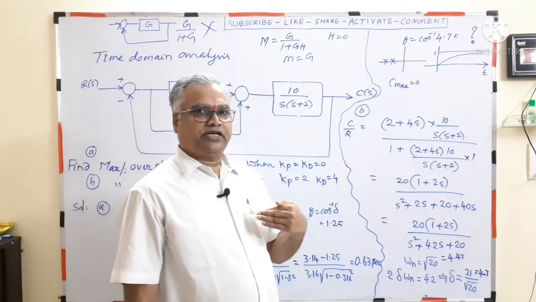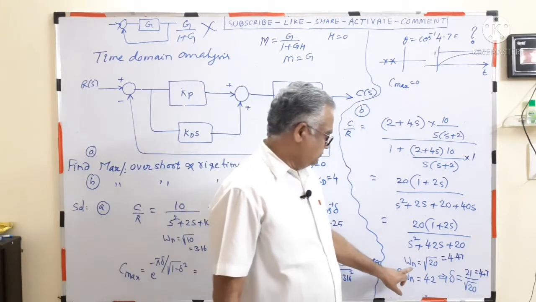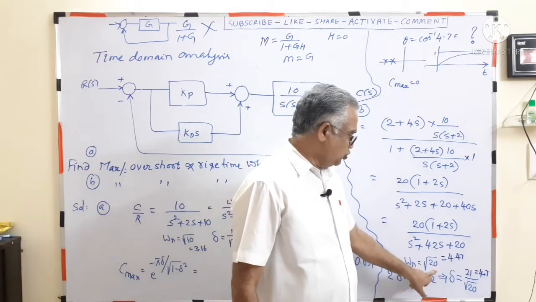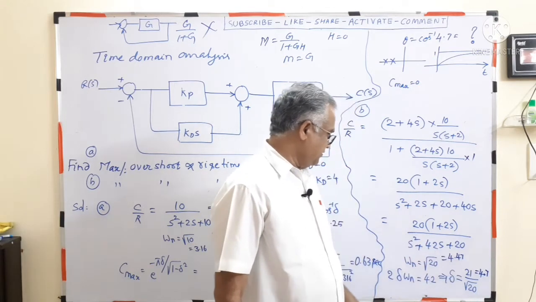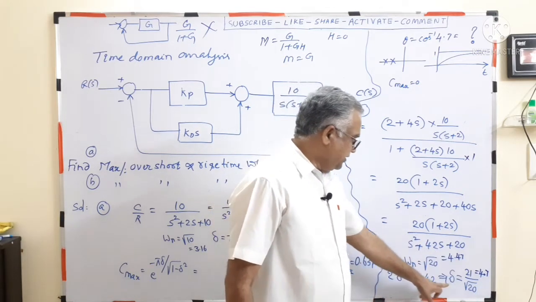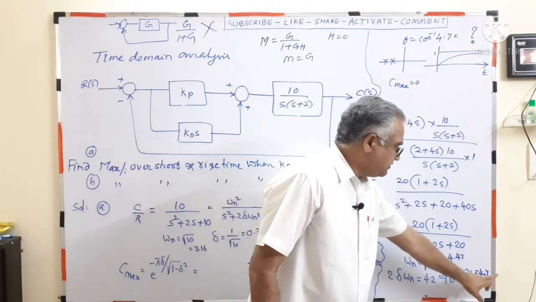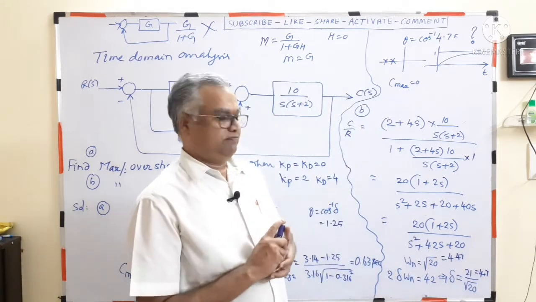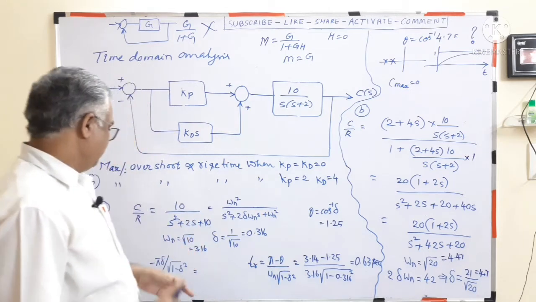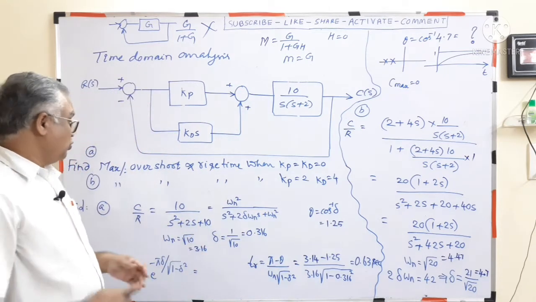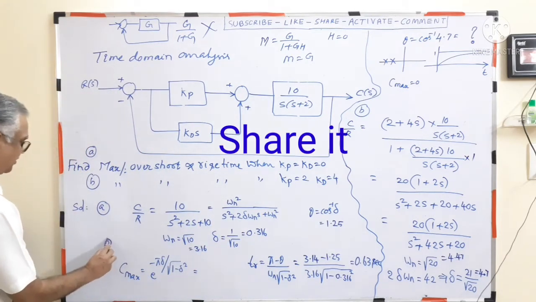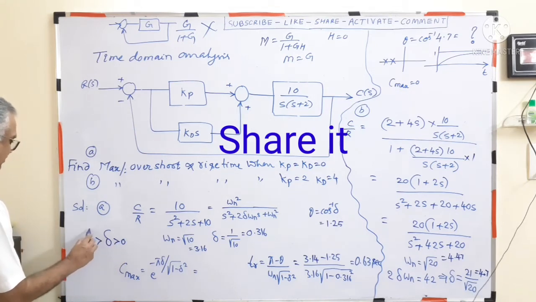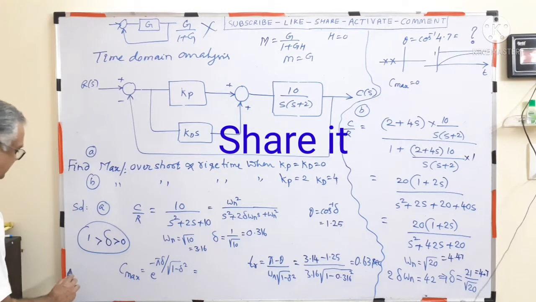Denominator compare with the standard form. Omega n is root 20, 4.47. Delta is 4.7. Delta 4.7 means greater than 1. We have to use these formulas only when damping ratio is greater than 0 and less than 1.